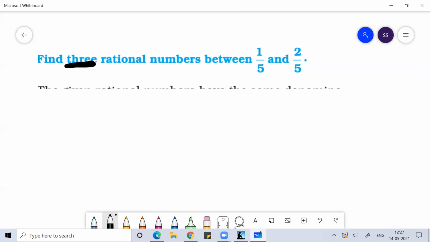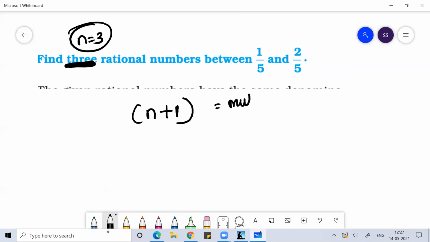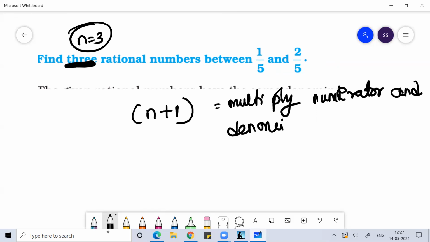You want three rational numbers, right? So here n is 3. Whatever your n is, multiply the numerator and denominator by n plus 1.